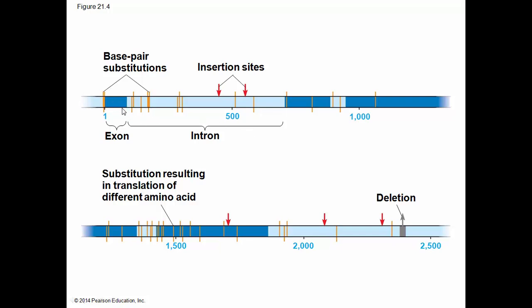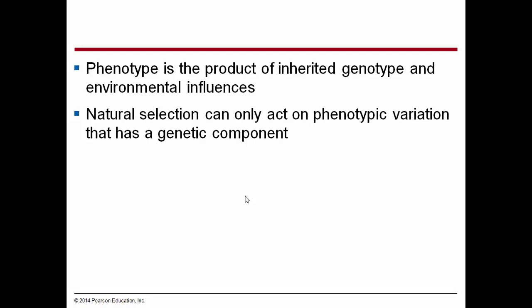If those variations, genetic mutations, occur in the exon, then it might have an effect on the protein. But generally speaking, the effect of mutations is negligible. Phenotype is the product of inherited genotype and environmental influences. Natural selection can only act on phenotypic variation that has a genetic component.